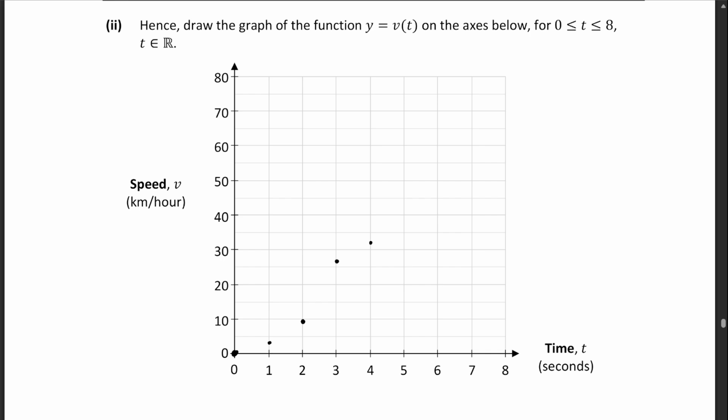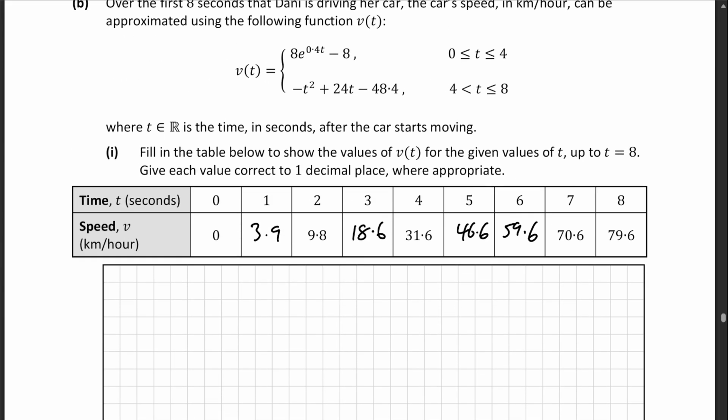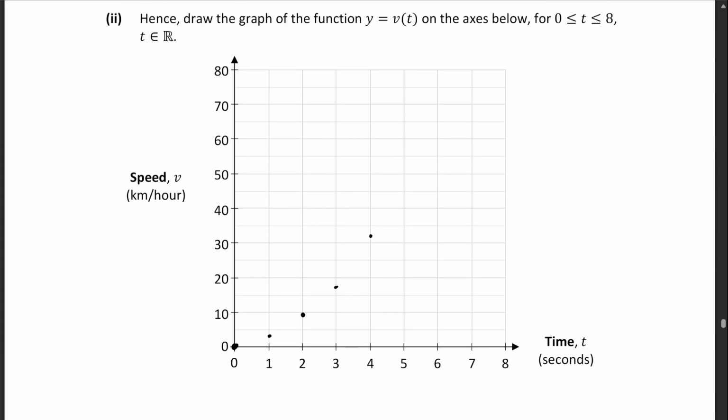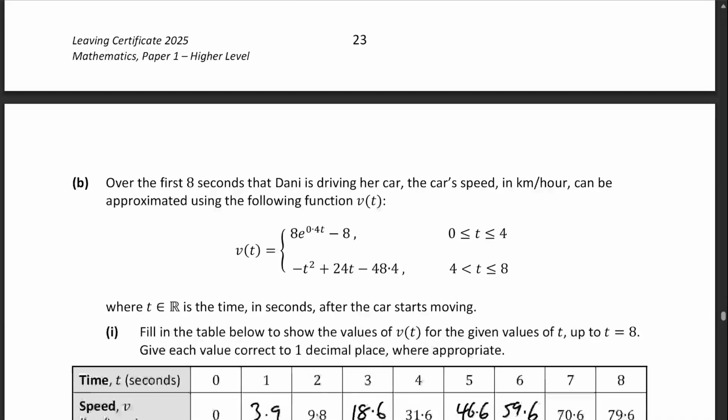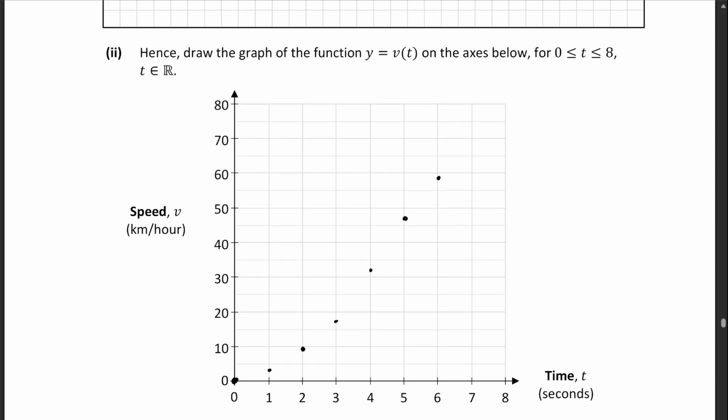No, it isn't. 18.6, what am I doing? It's that there is 18.6. Wow, I'm literally not in it today. So 46.6 and 59.6, 59.6 is about there. 70.6 and 79.6.